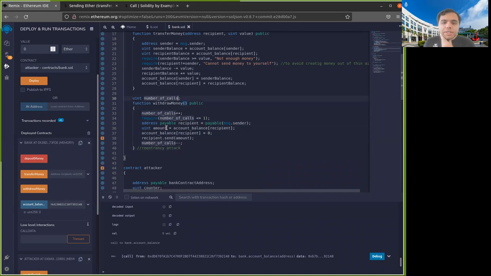So I just keep track of how many times this withdraw money is being called, and if I figure out that actually this is the second nested call to this withdraw money, then I would just throw an error. So I require that you cannot have reentrancy. This is another way that you can defend against a reentrancy attack.